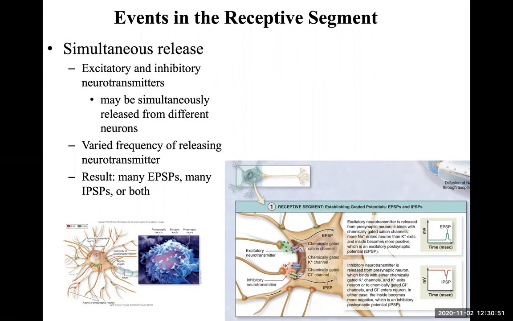Whether or not an action potential is generated depends on whether there are more EPSPs than IPSPs, because if you add the inhibitory postsynaptic potentials to the excitatory postsynaptic potentials, the inhibitory potentials will negate the effect of the excitatory ones.